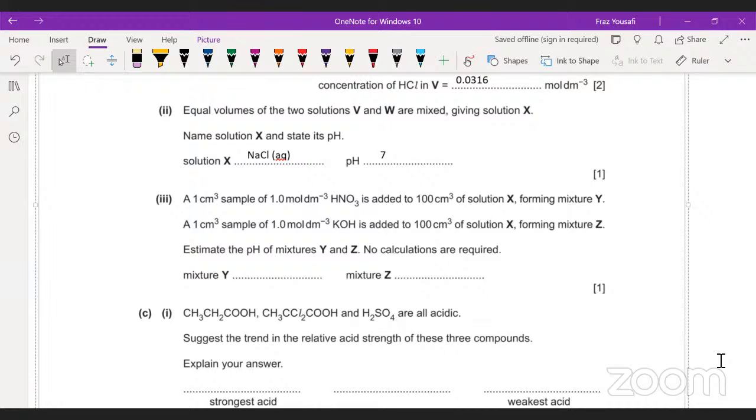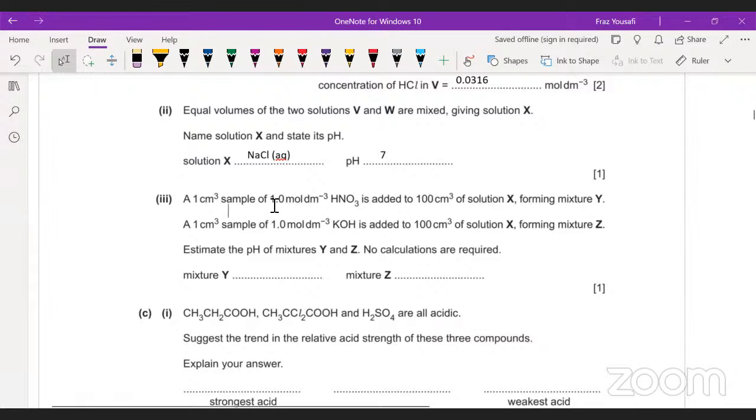Because you've increased the amount of H plus ions to a small degree, not a very large degree, you will then take your actual pH from, so here's what we want. We started off with 1.5 for our actual acidic solution. You have 100 centimeters cubed of this, right? You've been given a 1 centimeter cubed sample of 1 mole per dm cube.